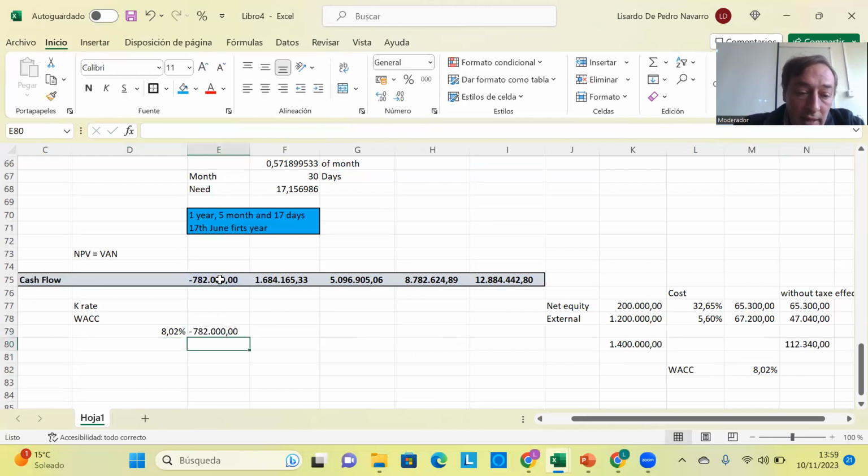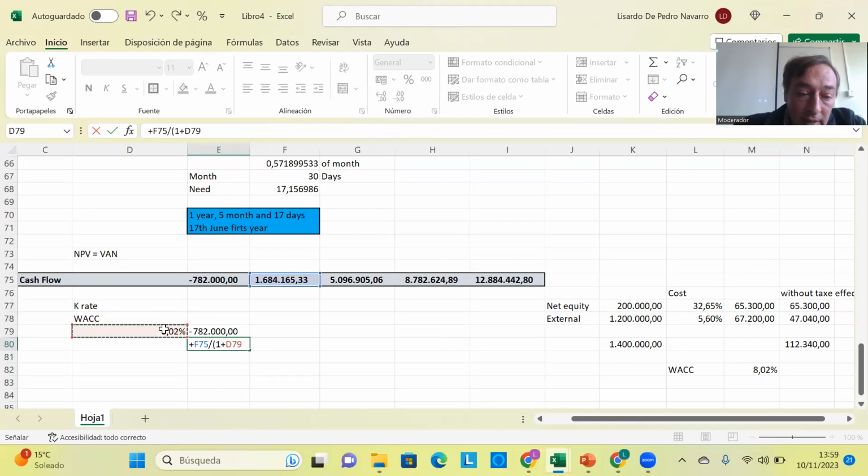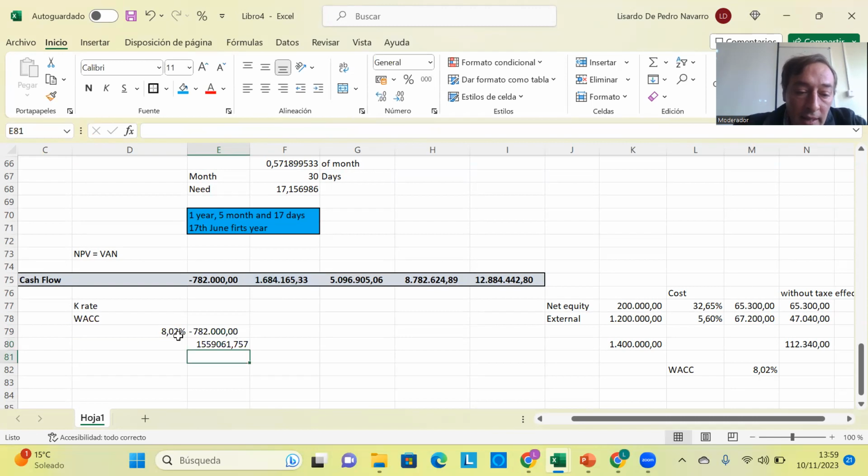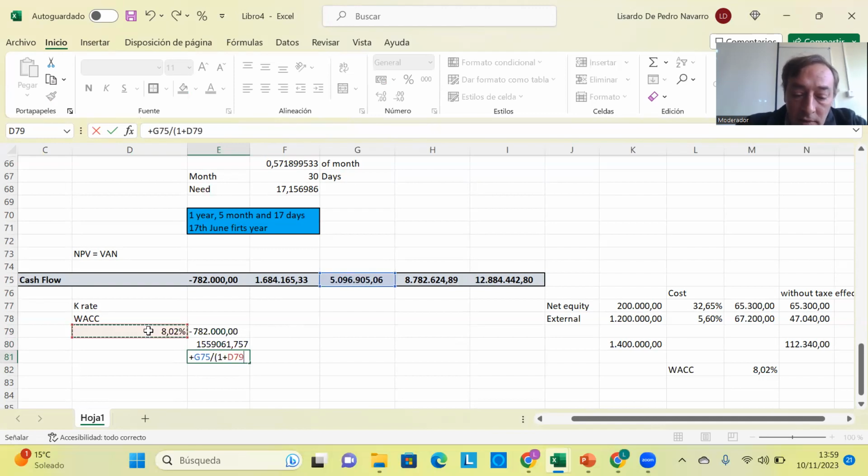This one is okay because it's in the current year, and we are going to calculate the next one. This one divided by 1 plus 8.02%, exponent 1. The next one is going to be that one divided by 1 plus WACC elevated to the square.